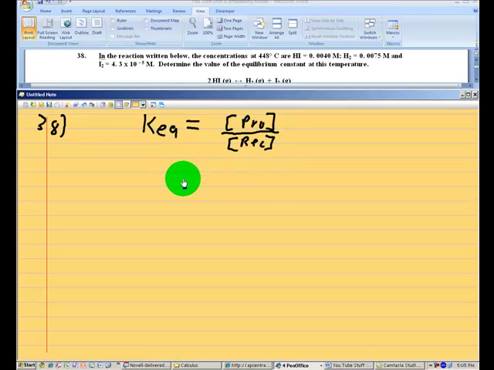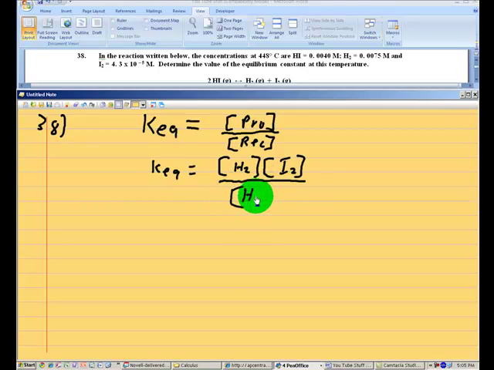In this case, the KEQ would equal the concentration of the hydrogen gas times the concentration of the iodine gas divided by the concentration of hydrogen iodide.